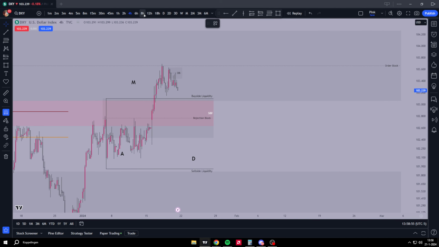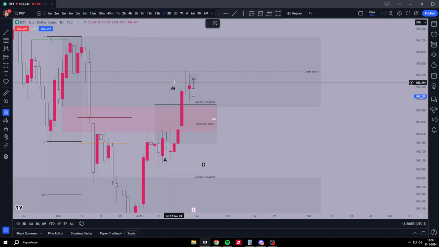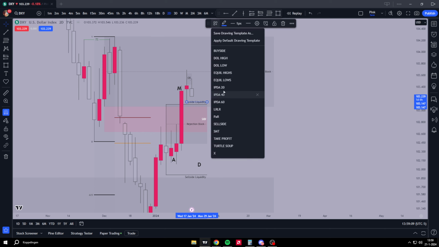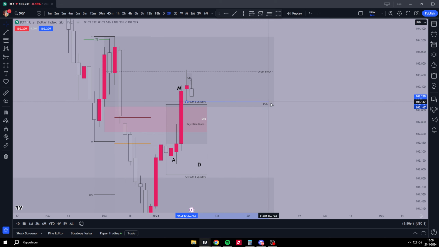And I want to see us react off this order block mean threshold weekly, and the first target would be this here, which would be that imbalance. If we look at the singular fair value gap, this would be the low, as you can see. So drawn liquidity low. So this is definitely where we're going to go on the DXY. We're going to have a small drop to the downside, and then probably have a retracement up.